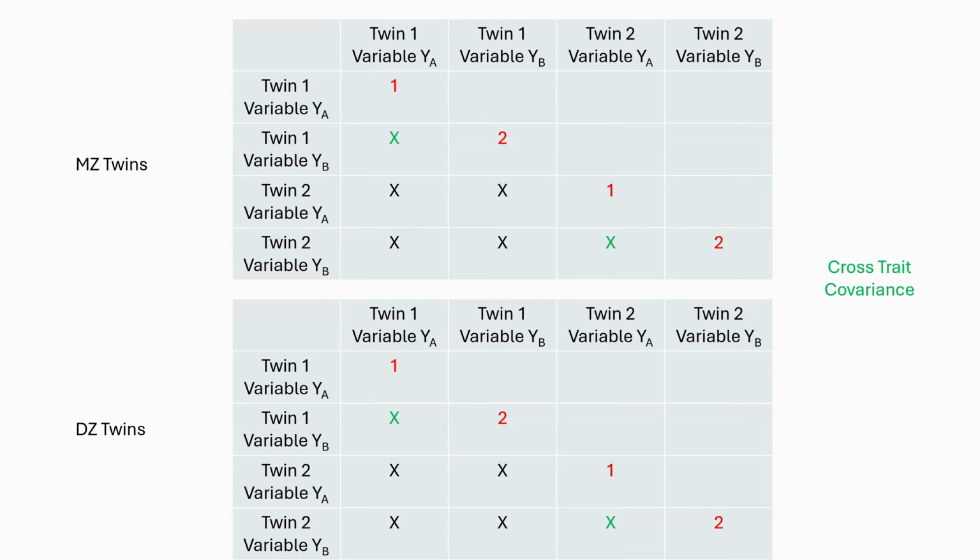Again, this statistic doesn't vary across twin 1 or twin 2, or across MZ or DZ twins. So again, 4 of those entries in the variance-covariance matrices only provide us with one piece of information. We now have a total of 3 pieces of information.